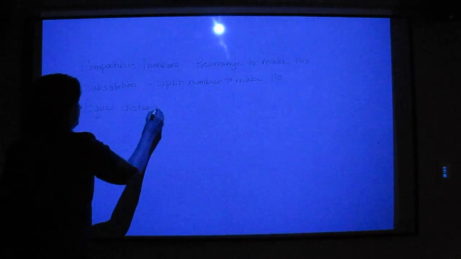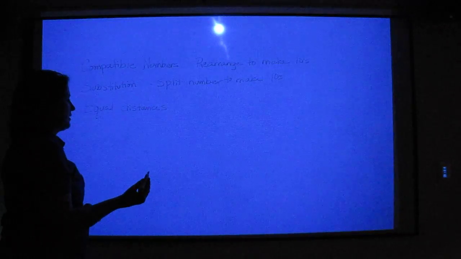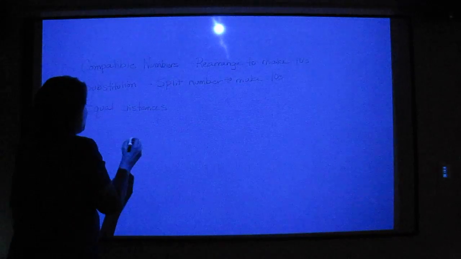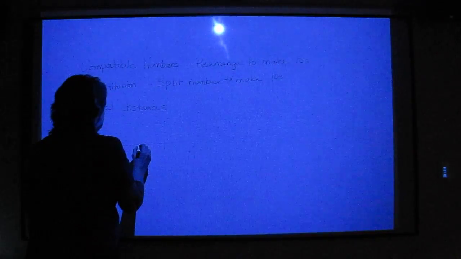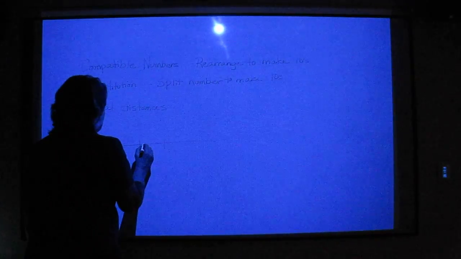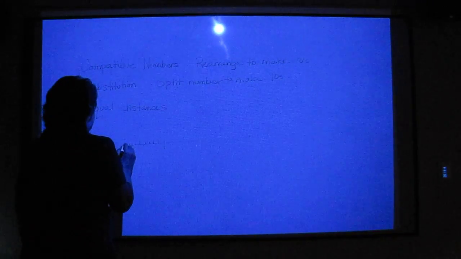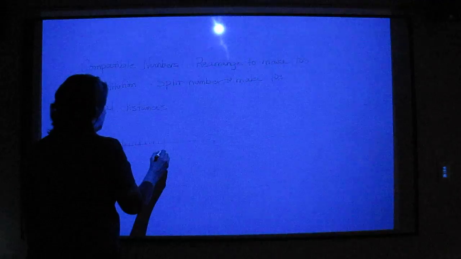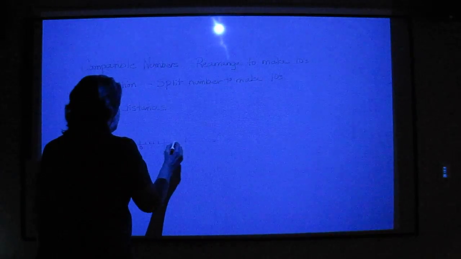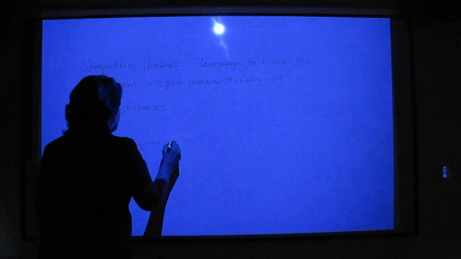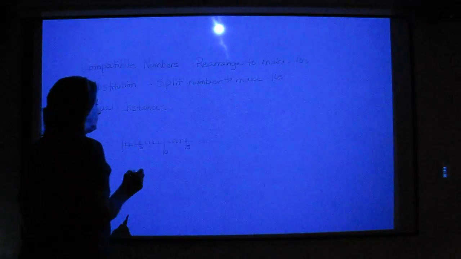Basically what we're saying with the equal distances is, let's just do a number line with a really small number so we can illustrate it. 0, 1, 2, 3, 4, 5, 6, 7, 8, 9. Okay, this is 10. This is 5. We'll do a 15. Okay, this is 15.